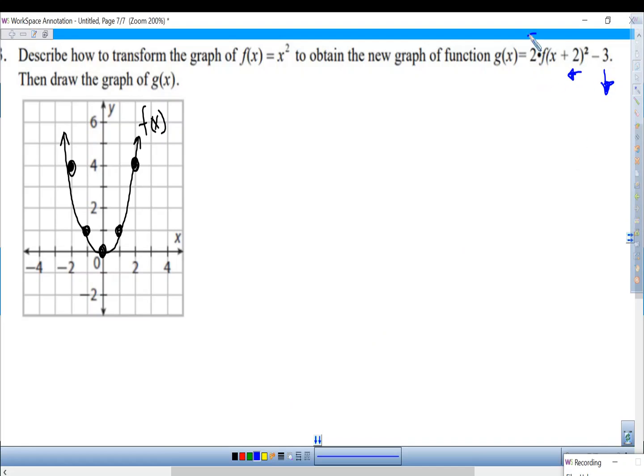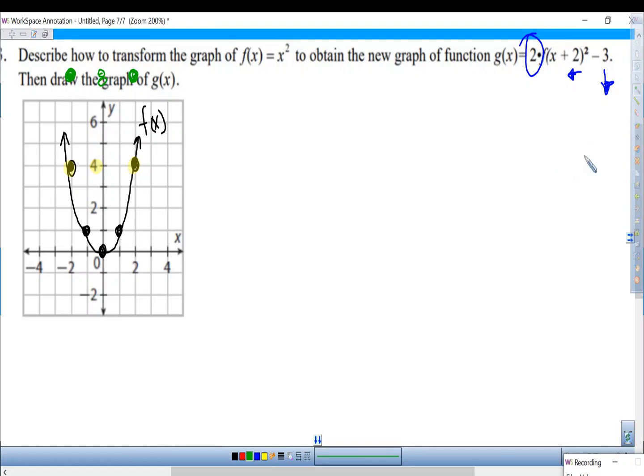But now we need to figure out the 2. So that means it's going to stretch it, right? So check this out. What was the original y value for these 2 points? Look at this. The original y value was what? 4. And now the new one is times 2, so the new y value would be what? 8. So my new 2 points should be up here at 8.